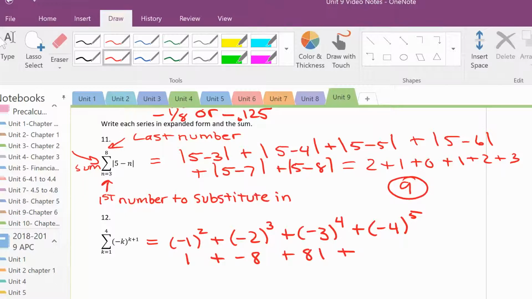And -4 to the 5th is negative 1,024. So when I add those all up, you get negative 7 plus 81, which is 74, plus negative 1,024. And that gives you, sorry, that gives you -950 as your final answer.